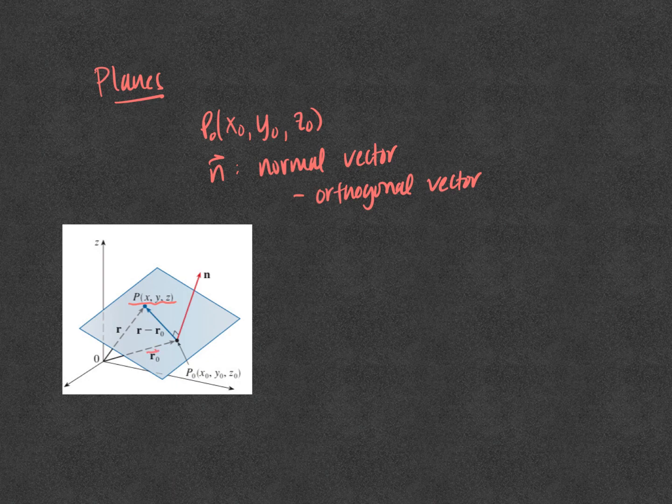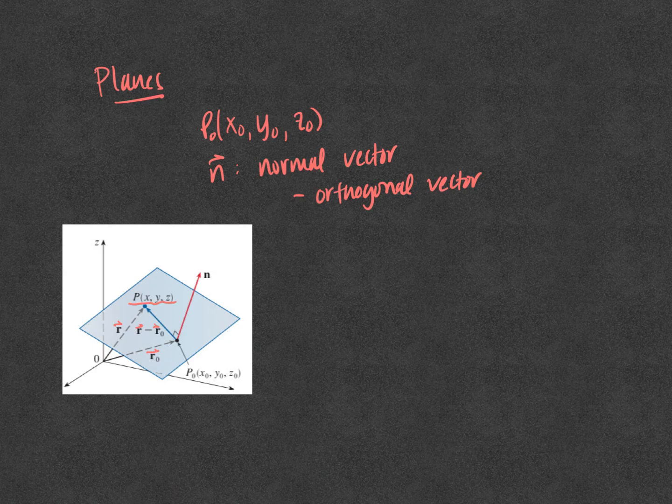Let me label them this way. Then the vector R minus R sub 0 is the vector that represents the vector from P sub 0 to P.